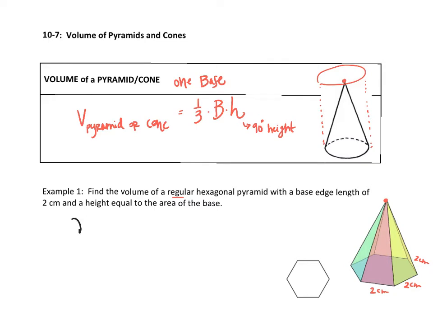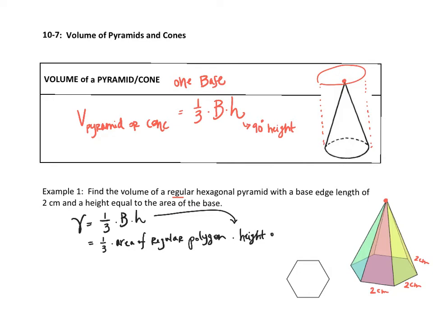Well, it goes to a point, so it's going to be 1/3 area of the base times the height. Well, the base is a regular polygon. It's a hexagon, but we'll just call it a regular polygon. And then I need to multiply by the height of the pyramid.